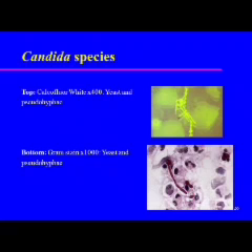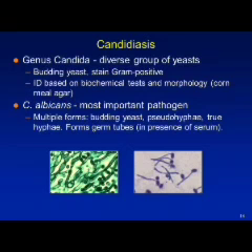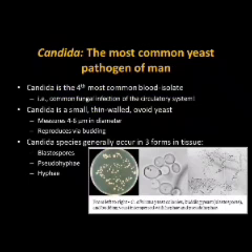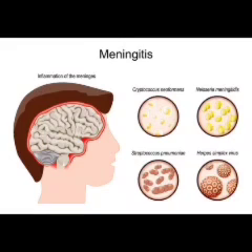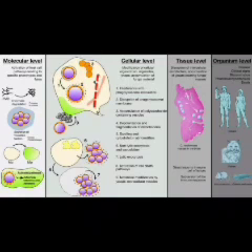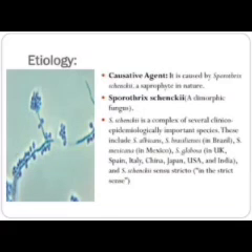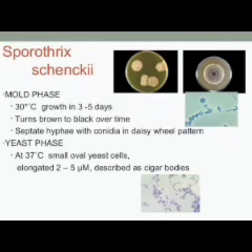Then you have mycetomas, actinomycotic or eumycotic: Streptomyces, actinomycotic, Nocardia, actinomycotic. Then Pseudallescheria, Fusarium, Acremonium, Madurella, all those molds or other molds. They also contain granules, suppurative polymorph material.